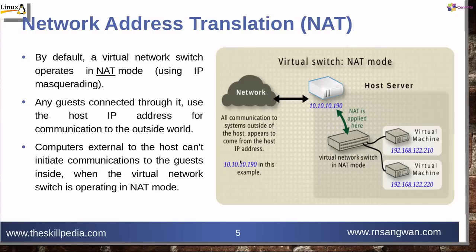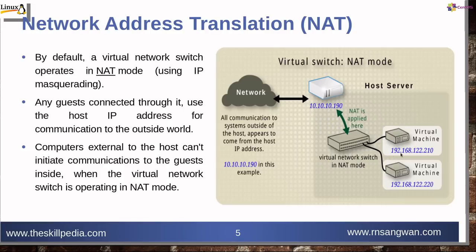So the outside world machine will see the IP address of the host machine, that is 10.10.10.190. So any traffic coming from the internet will see only 10.10.10.190 in this particular example.